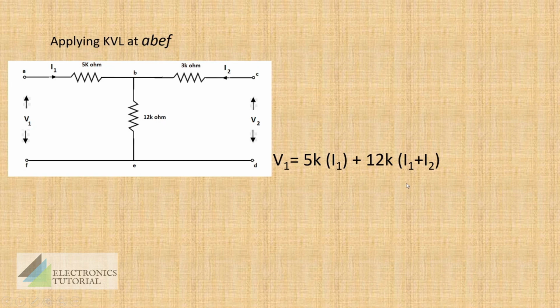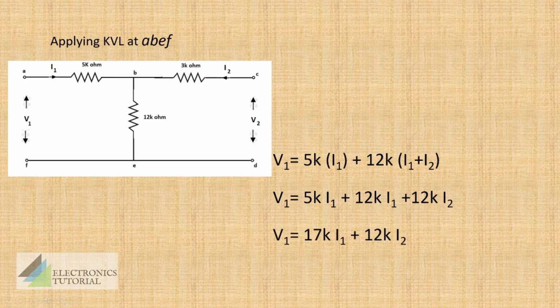Expanding those within the brackets, we get 5K into I1 plus 12K into I1 plus 12K into I2. The I1 terms are simplified. V1 is equal to 17K I1 plus 12K I2. Note down this as our first equation.